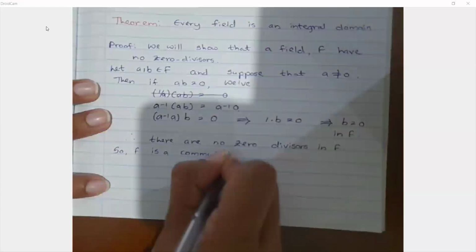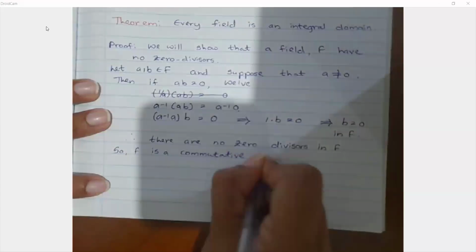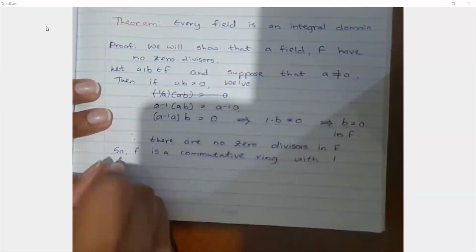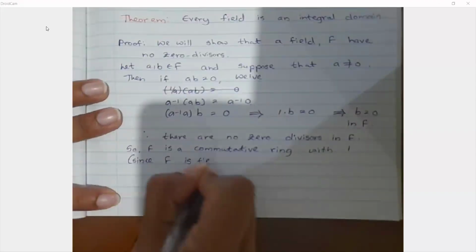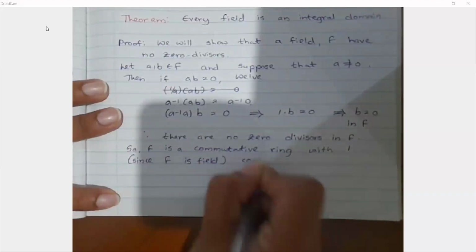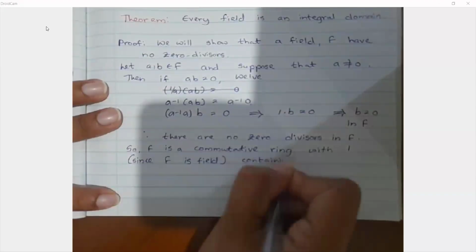So F is a commutative ring with unity, since F is a field, containing no zero divisors.